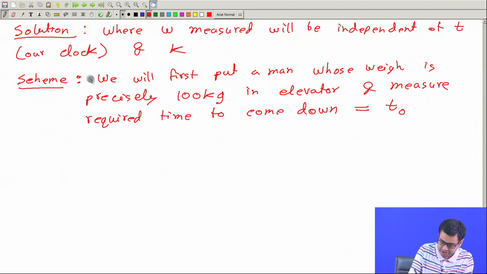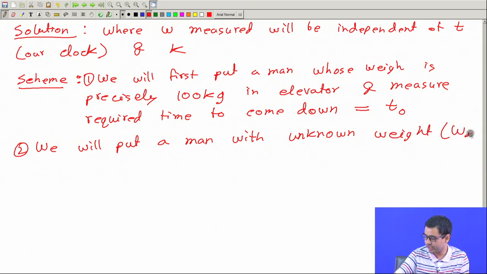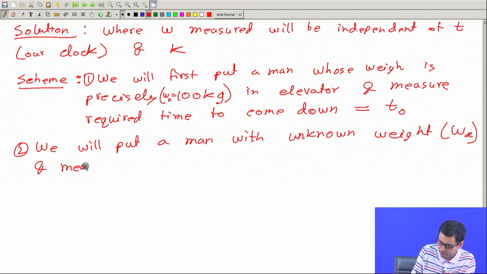So this is step 1, and in step 2 we will put a man with unknown weight, call it Wx, and you can call the weight of the previous man W0. So now we will put the man with unknown weight Wx and measure the time for him to come down.